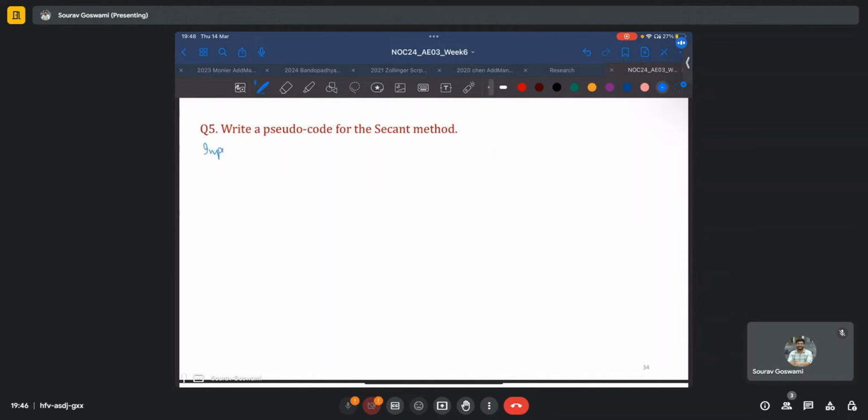So the inputs in this case would be the initial approximations p0 and p1, the tolerance, and the maximum number of iterations. The output is an approximate solution.